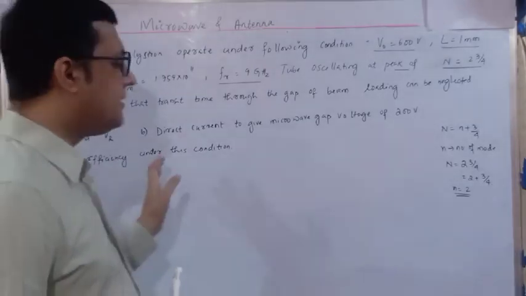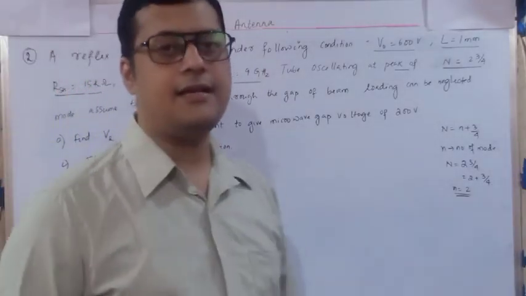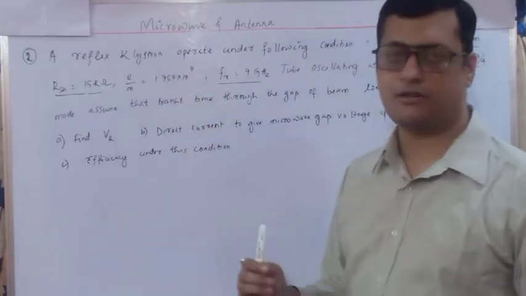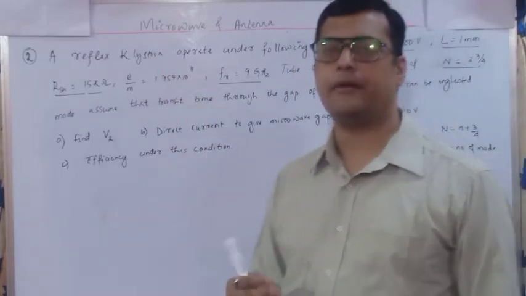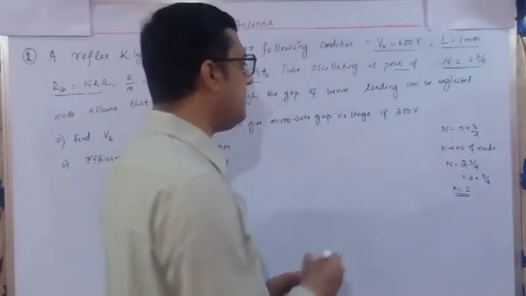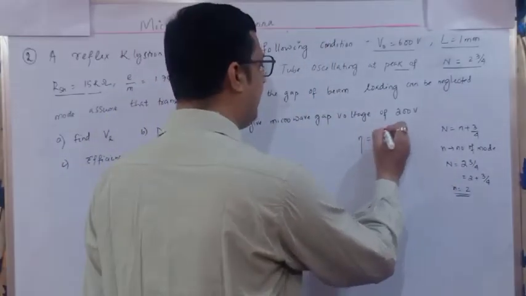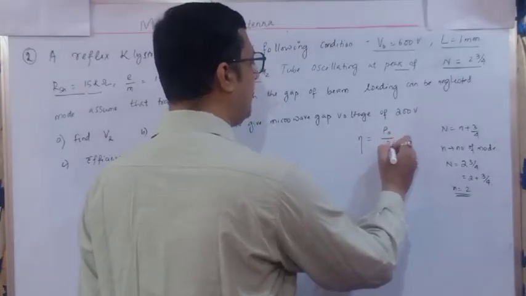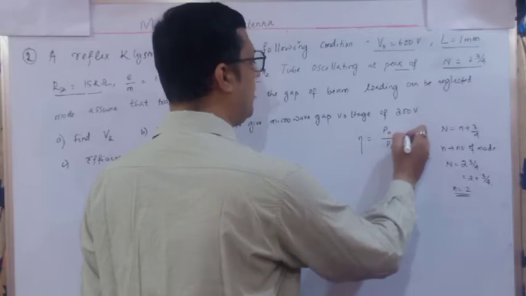And at last, we have to calculate the efficiency under this condition. Whatever the condition is given for this reflex klystron, for that we have to identify the efficiency. How are we calculating efficiency? Efficiency eta equals output power by input power into 100.